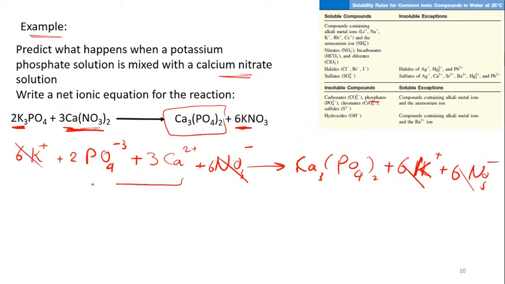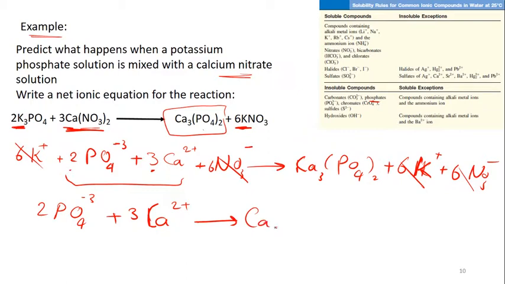Now I end up writing my net ionic equation. I have to remember to write the right numbers from the balanced chemical equation: 2PO4 and calcium to give me calcium phosphate, which is a precipitate.